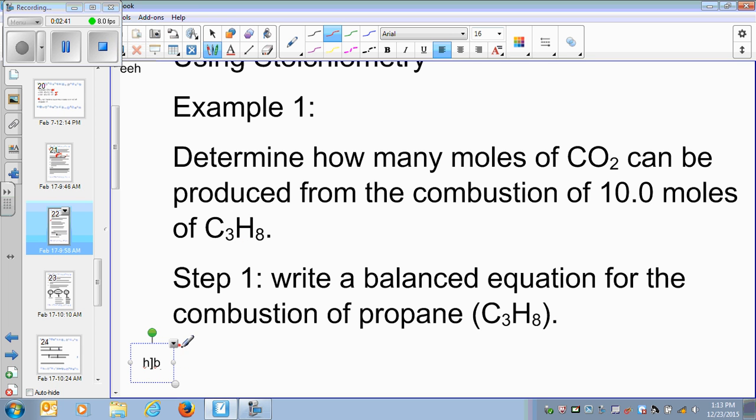Hold on, I don't know where this is coming from. I think I'm putting my fingers on too many spaces. Okay, so let's say first of all, write the combustion of propane. What am I doing? All right, I'm not even doing anything, it's writing. I'll move it.